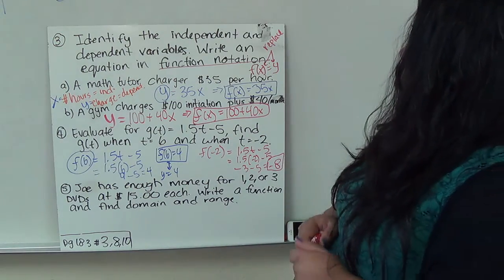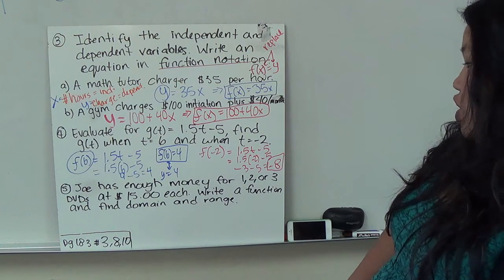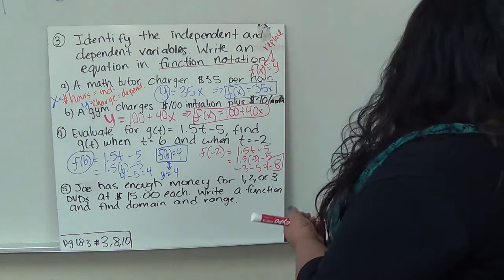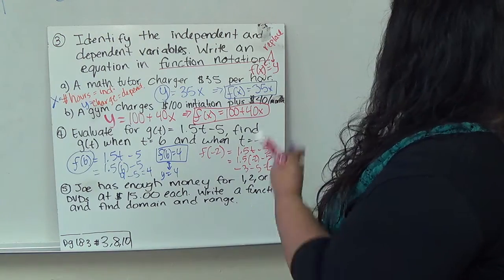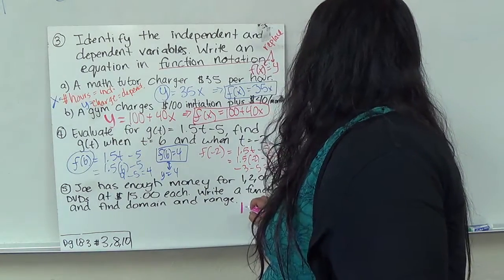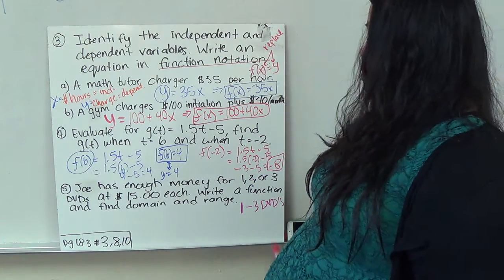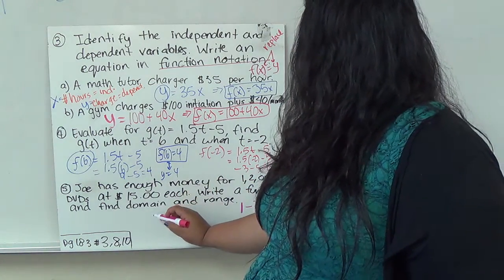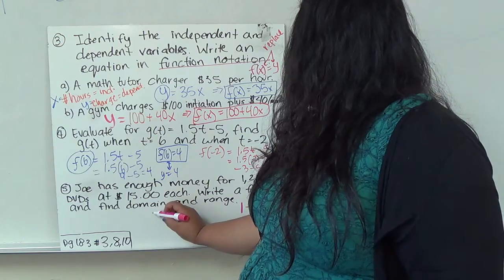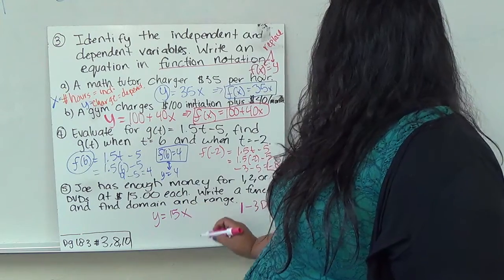Our last one says Joe has enough money for 1, 2, or 3 DVDs at $15 each. Write a function and find the domain and range. Well, we know that Joe can spend between 1 and 3 DVDs. That's how many DVDs he can buy. So my equation is y, how much he spends, depends on $15 for every DVD.